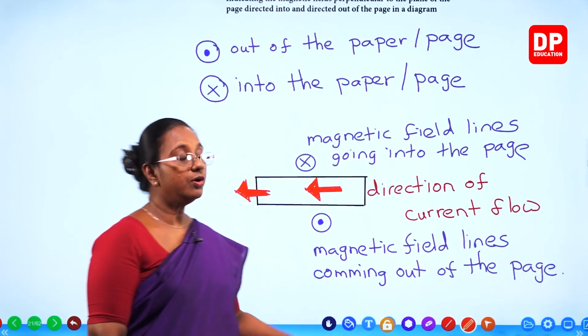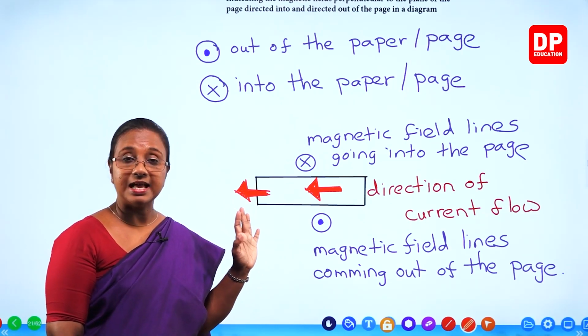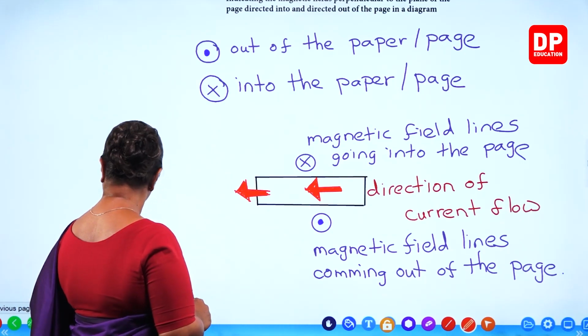So that is how we denote the direction of the magnetic field line. Is that clear? So with that, students, I will move on to the next slide.